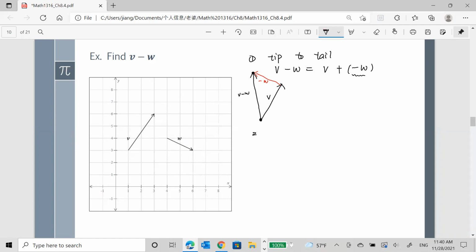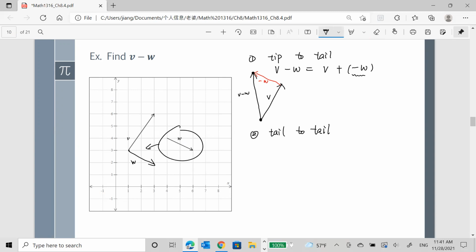How about the second method, the tail to tail method? That means I can move this W to this place. Make sure they have the same direction, so I can move this W to here.